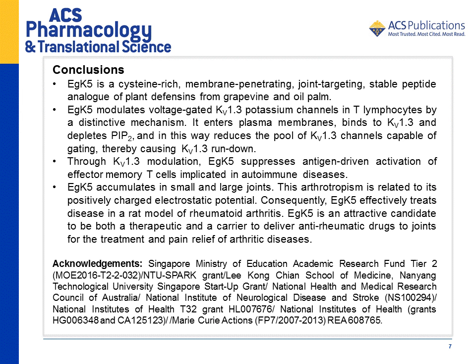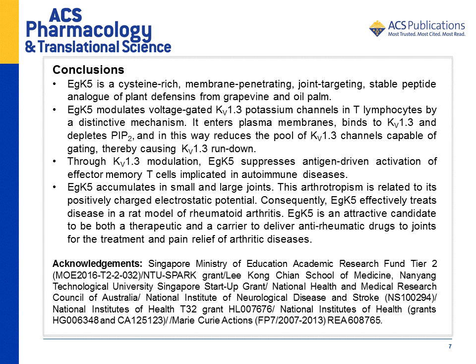It enters plasma membranes, binds to Kv1.3 and depletes PIP2, and in this way reduces the pool of Kv1.3 channels available for gating and thereby causes Kv1.3 rundown. Through this channel modulation, EGK5 suppresses antigen-driven activation of effector memory T cells that are implicated in diverse autoimmune diseases.